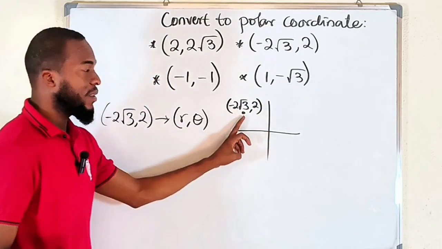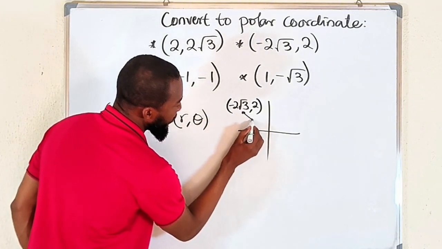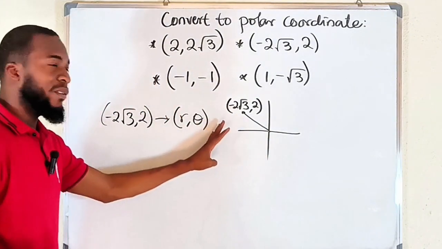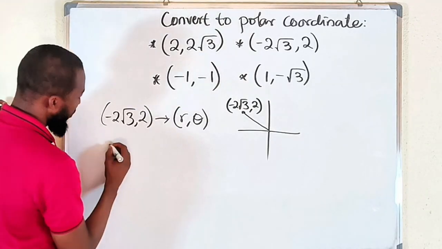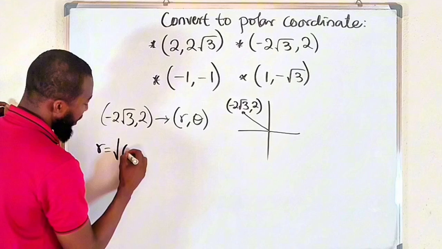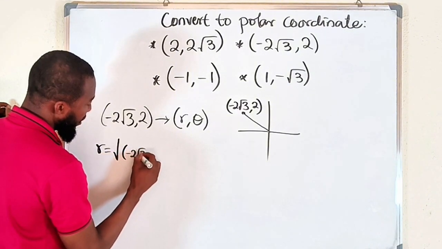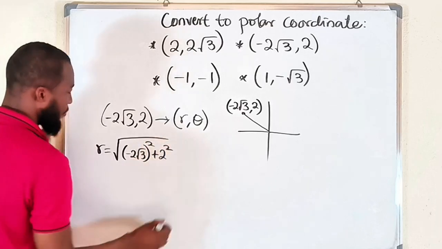For instance, this is the point. Then we need to find the radius. The radius is always positive, right? Because if you square this, it becomes positive. So r will be equal to the square root of (negative 2√3) squared plus 2 also squared.